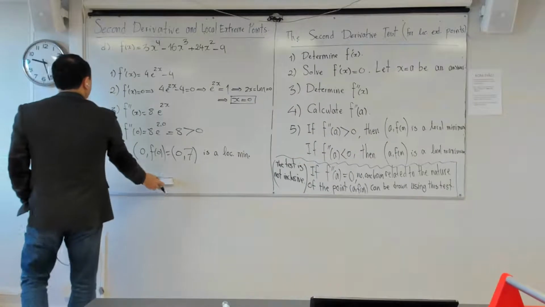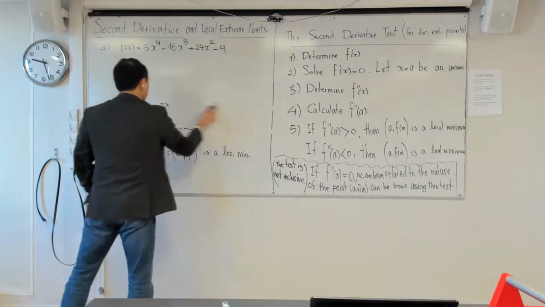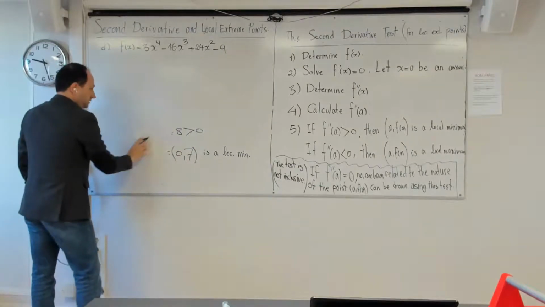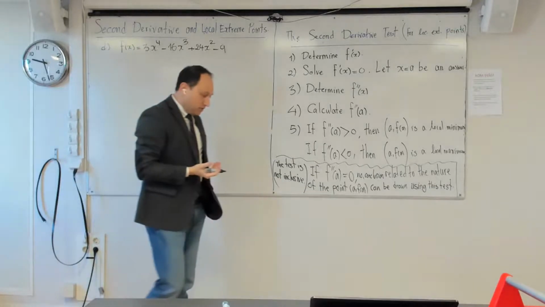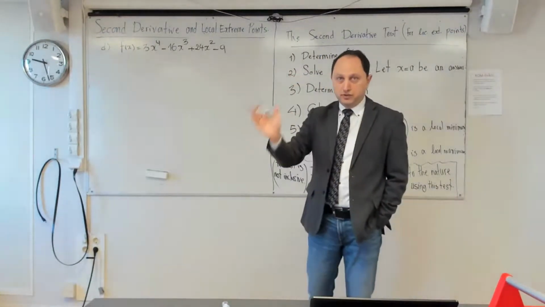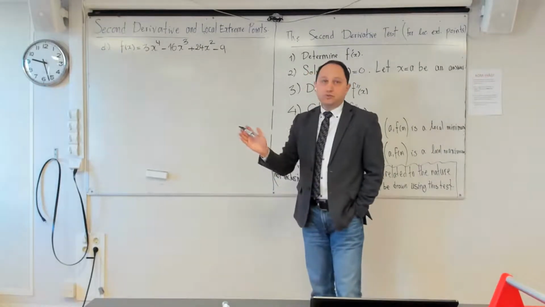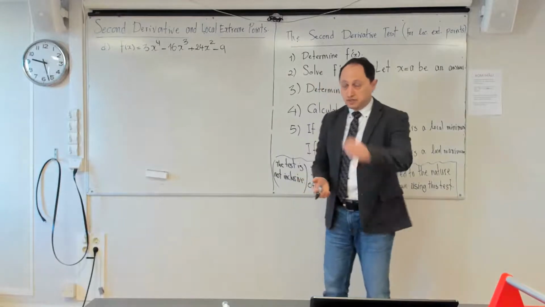Okay, so what can I do? I want to follow this algorithm. So for example, if in the exam I ask you to determine and classify the local extreme points, full stop, then that's up to you if you want to choose the first derivative test or the second derivative test.